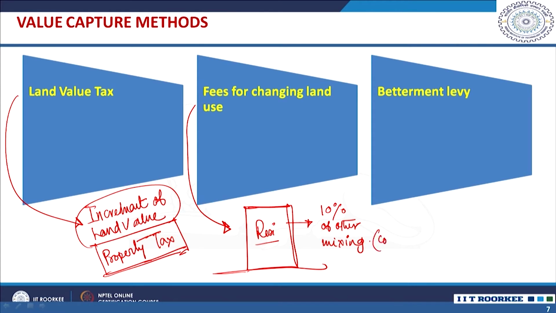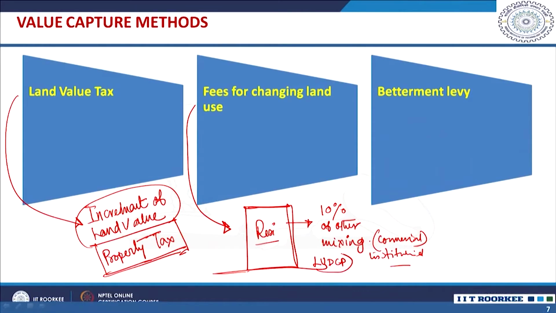For example, it can be commercial, institutional, etc. Now, the owner wishes to develop a little more than 10%, that is 20% or 30%. The first question is whether you will allow this additional other use of the land or not. If you allow these non-residential land uses, then on what ground, what is the condition, and what is the fee for changing that land use.